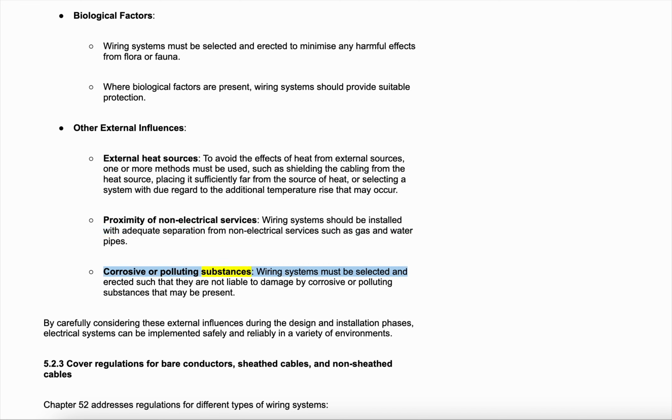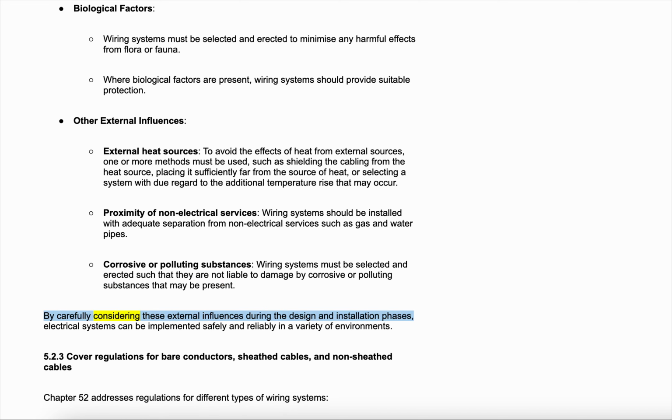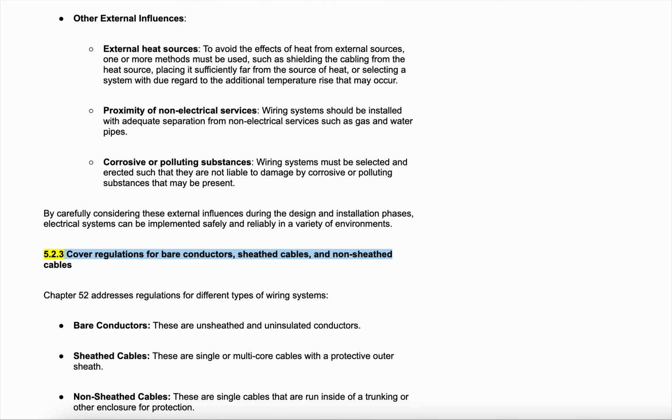Corrosive or polluting substances. Wiring systems must be selected and erected such that they are not liable to damage by corrosive or polluting substances that may be present. By carefully considering these external influences during the design and installation phases, electrical systems can be implemented safely and reliably in a variety of environments.